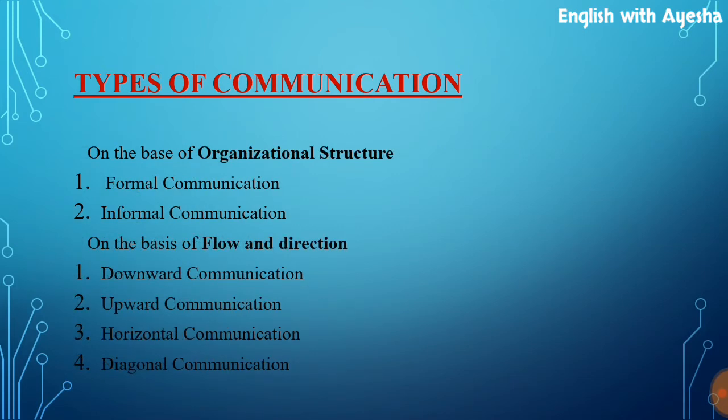Third category is on the basis of organizational structure, which includes formal communication and informal communication. And the last category is on the basis of flow and direction, which includes downward communication, upward communication, horizontal communication, and diagonal communication. Now I will tell you about the details of these types.